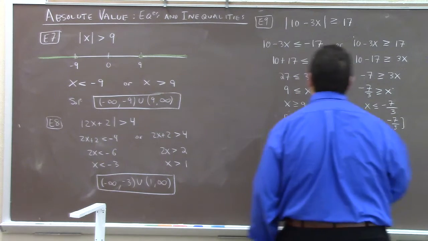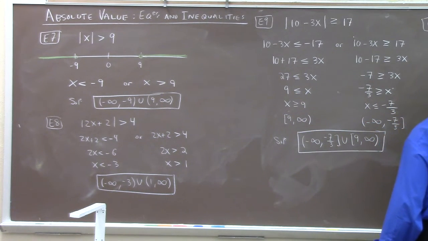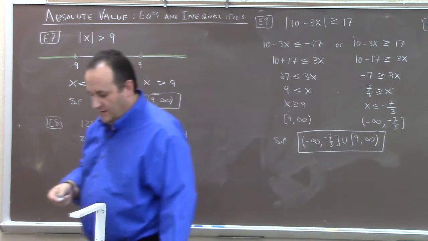Example 10. Kind of similar problem. 10 minus 3x, absolute value, less than 17. How should we solve that?